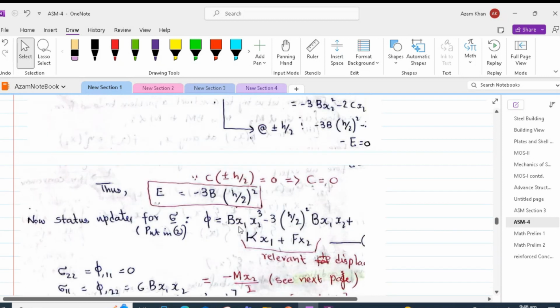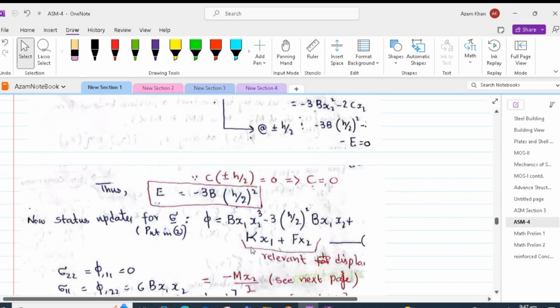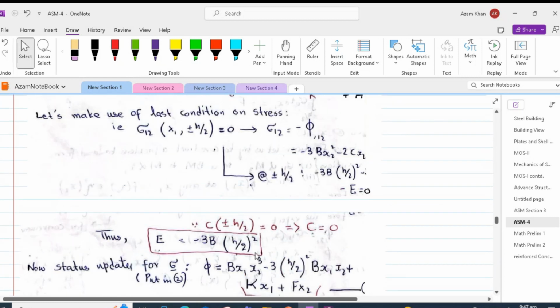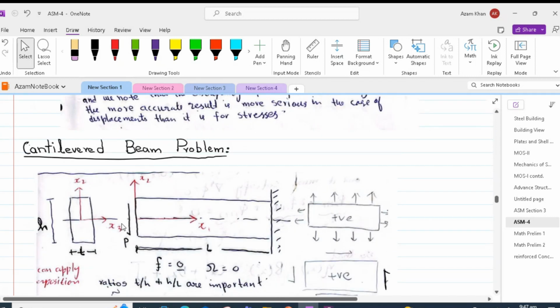So although we can see lots of constants appearing over here like b, k, and f, they become irrelevant when we work out our stresses using the Airy stress function. The only constant we need comes out to be b. We can find out the other unknown constants also by using additional boundary conditions for the fixed end or the free end.